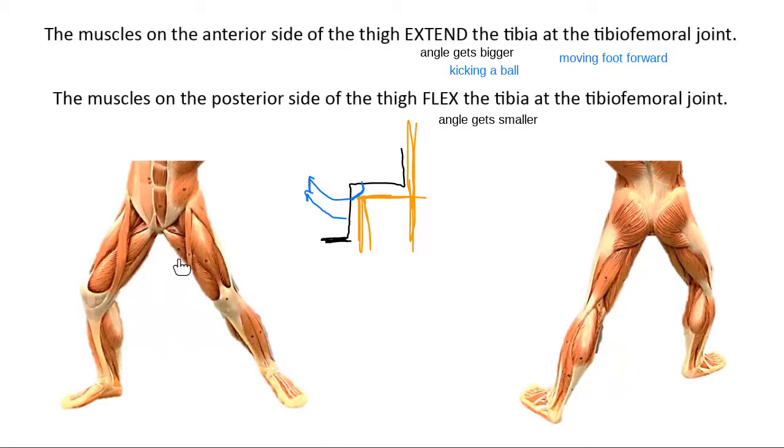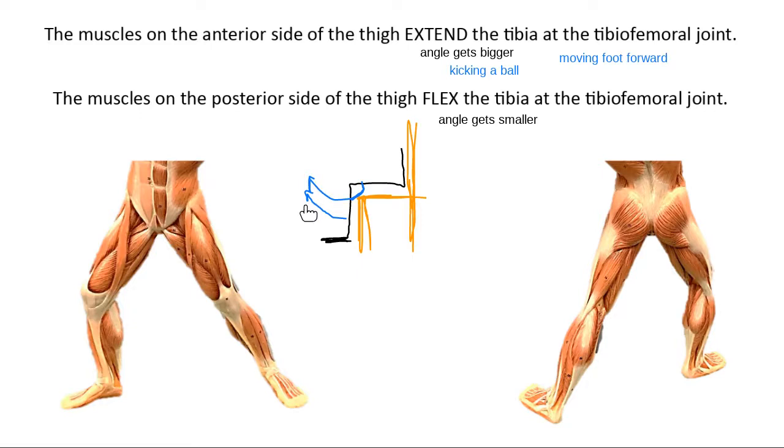If I ask you what these muscles do to the femur at the hip joint, we would say that they do flexion because the femur comes closer to the pelvis. We've got to watch our words. If we're talking about what happens with the tibia, these muscles extend it. They pull the tibia forward. They make the angle larger.